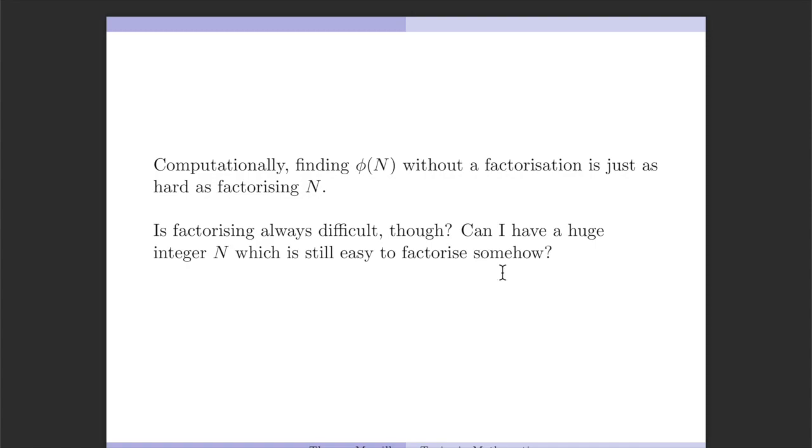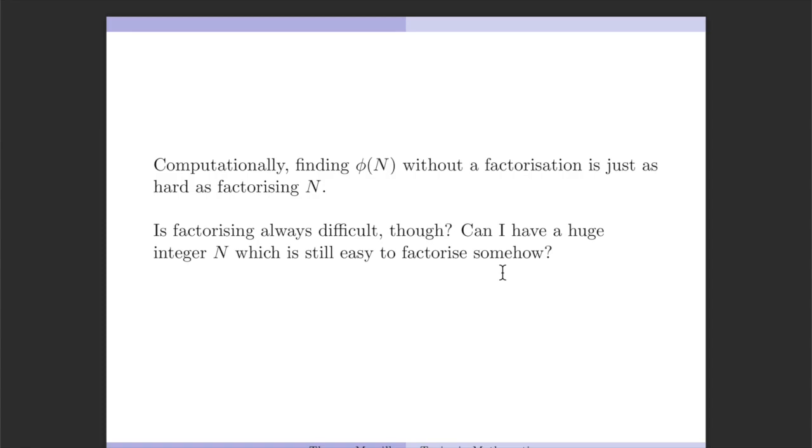Fortunately for us, fortunately for the defense side, finding the Euler phi function of some very large integer n without knowing the factorization of n is just as hard as factorizing that n to begin with.